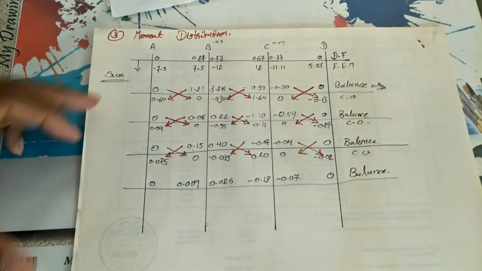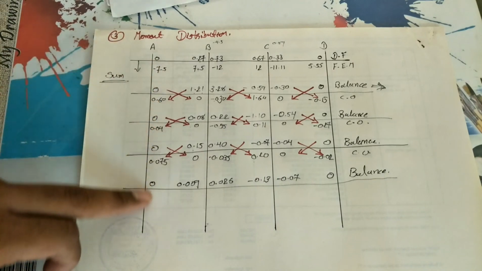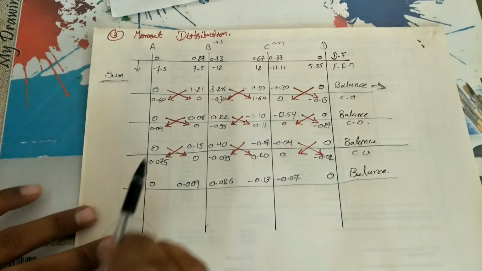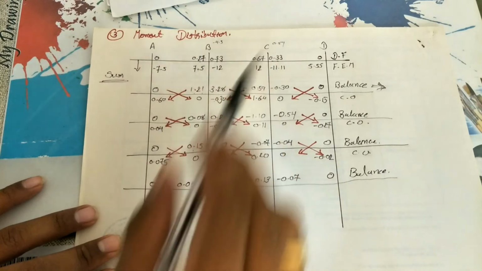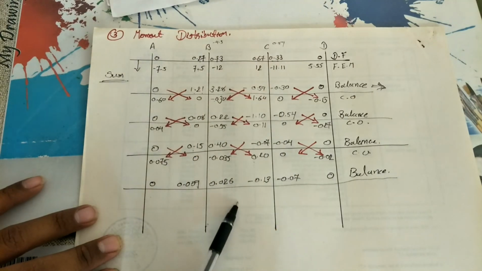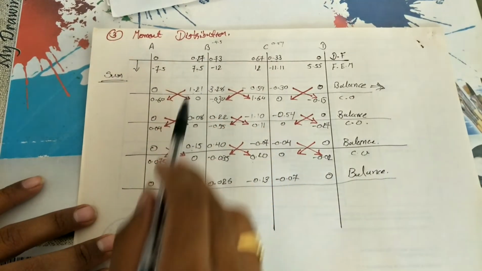Sum from here, from the top portion. If you add all these values, 7.5 up to 0.009, I am getting 8.95 as a plus answer, and at this joint minus 8.95. At intermediate joints you must get equal and opposite answers.